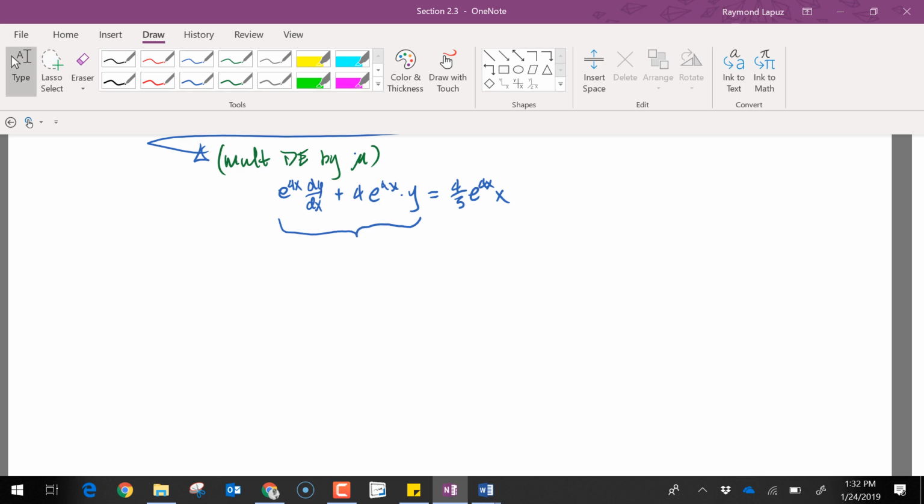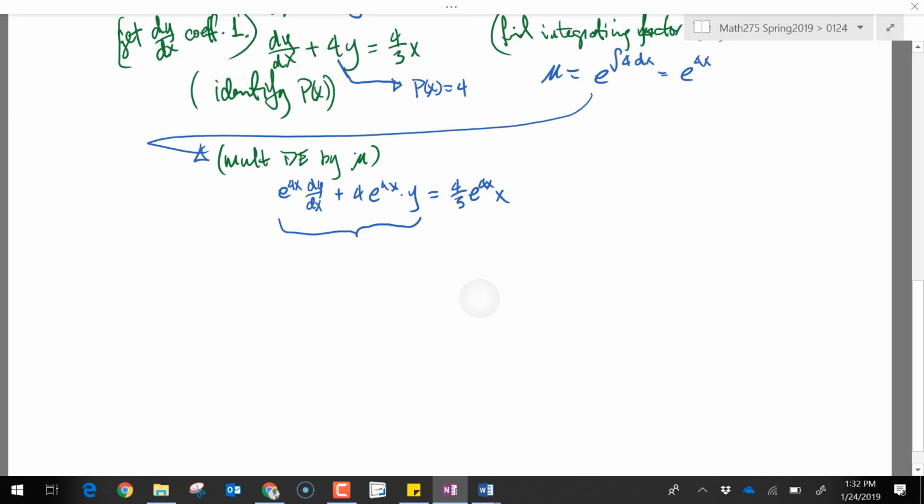Yeah, that's what I meant to say. So if you look at the left-hand side carefully, we have the first times the derivative of the second plus the derivative of the first times the second. Doesn't that look like a product rule?